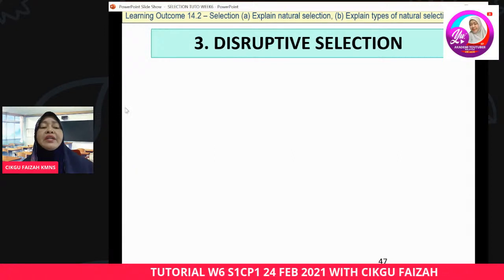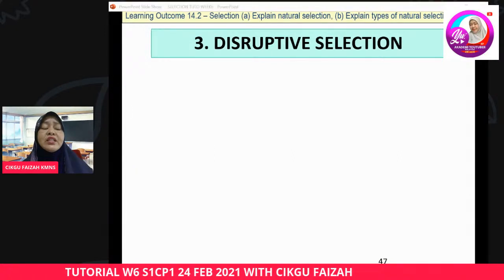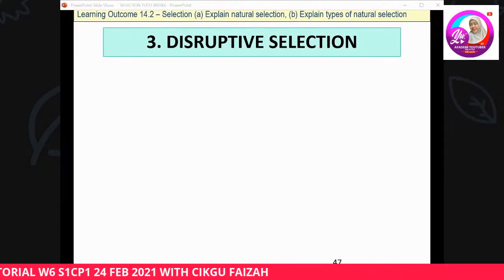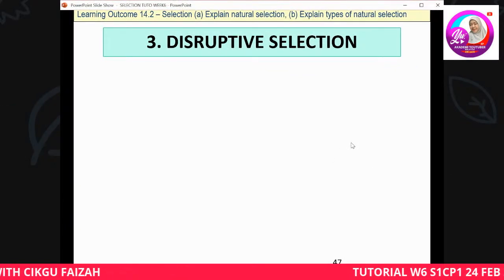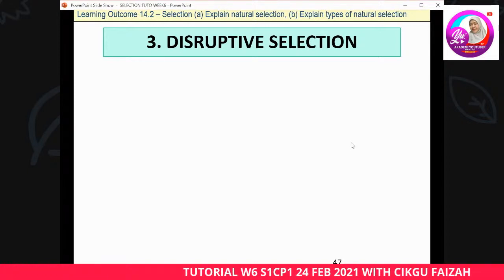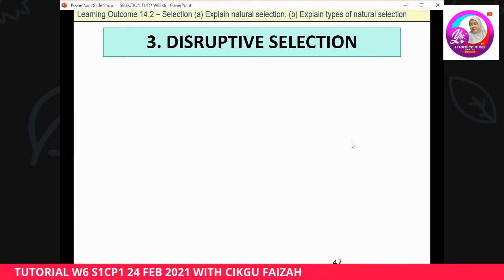So how does this selection work out? It is shown by the example of finches, birds, class. When you look at birds, you can see different types of finch beaks.